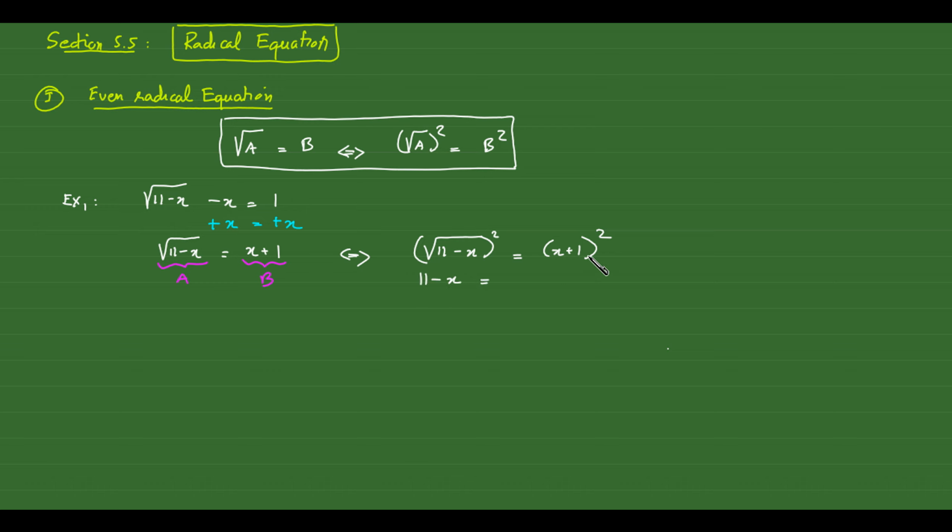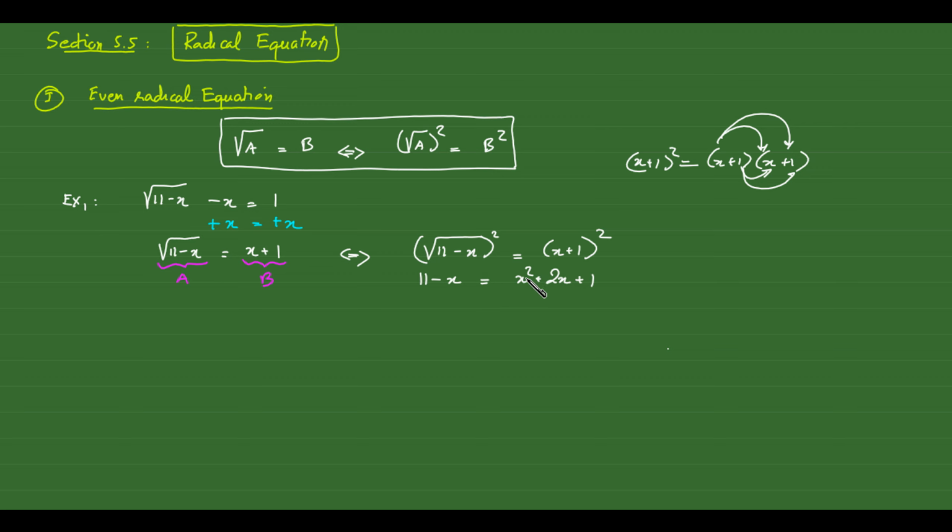But over here, x plus 1 squared is actually x plus 1 times x plus 1. Then you distribute, and after you combine like terms, you will have 11 minus x equals x squared plus 2x plus 1.